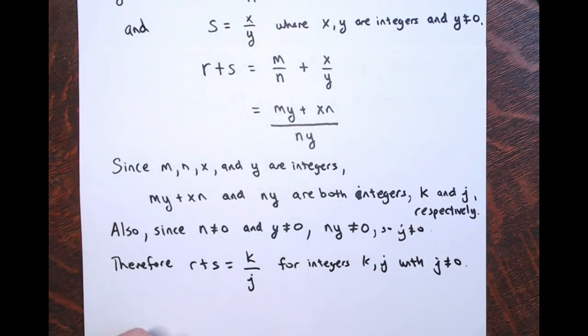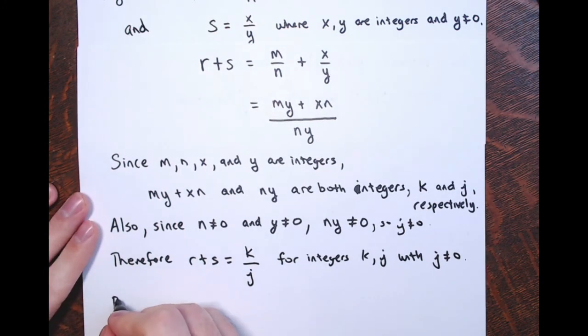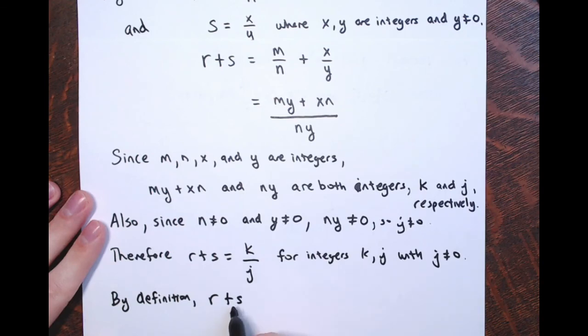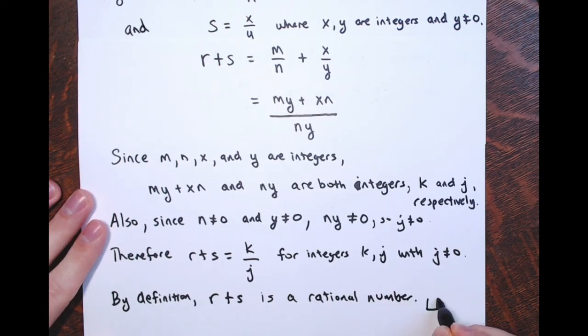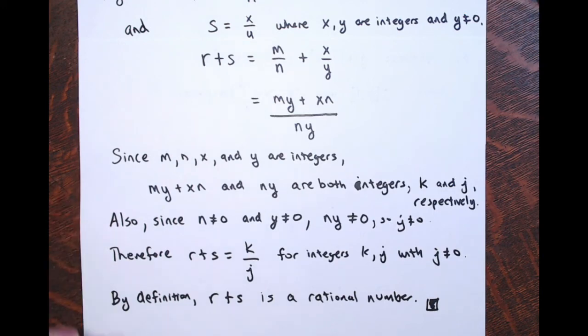By the definition of rational, R plus S is rational. And so by definition, R plus S, this sum of R and S, the sum of two rational numbers, is a rational number, which is what we were trying to show. That was the conclusion. I put the little box there to indicate the end of the proof.